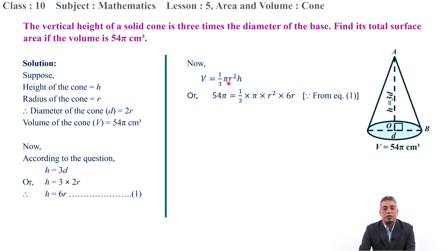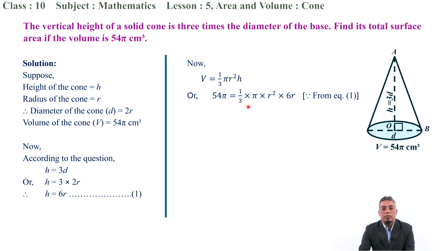Pi also I've copied the same because we can cancel it out here, and r is copied the same because we don't know r, and h is copied as 6r here. It is from equation number 1, you can see here. So instead of h we have 6r.